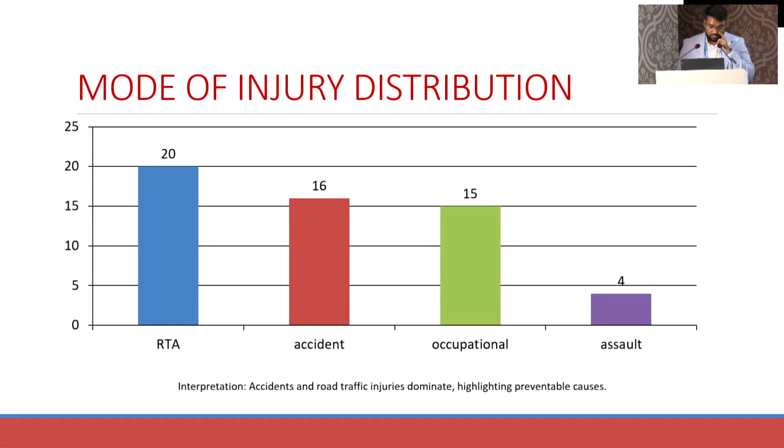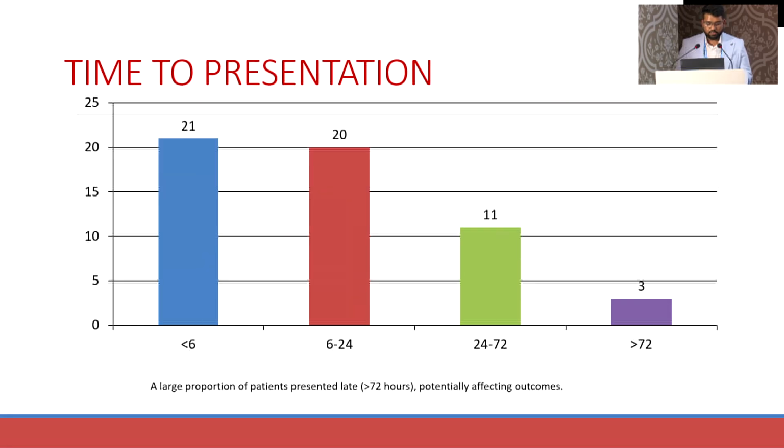And the mode of injury, the most common mode we found was secondary to road traffic accident. It was followed by occupational accident and assault as well. The time of presentation in our case is majority of the patients presented within less than 6 hours of the injury, and a few number of cases also presented after 72 hours as well.